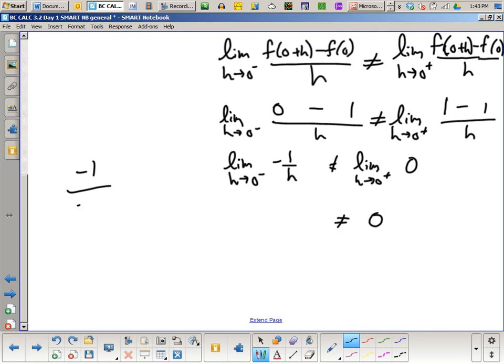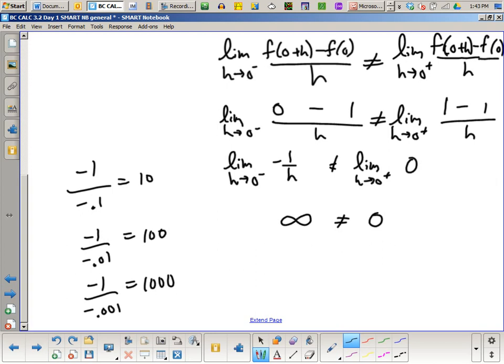If you plug in negative 0.1, or negative 0.01, or negative 0.001, what's happening? 10, 100, 1,000. What's happening? It's going to infinity. Negative 1 over small negatives is going to produce an infinitely large answer.